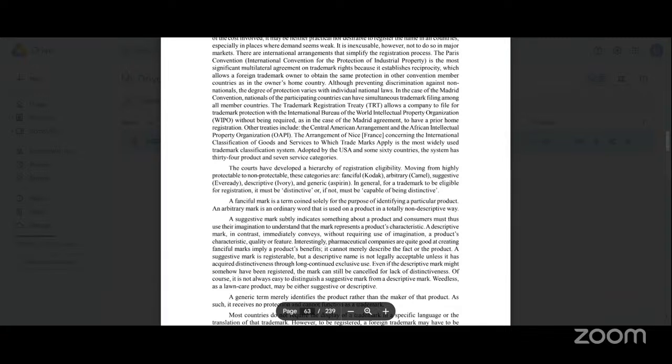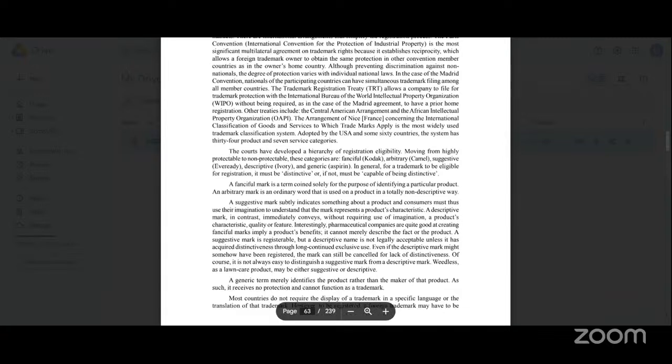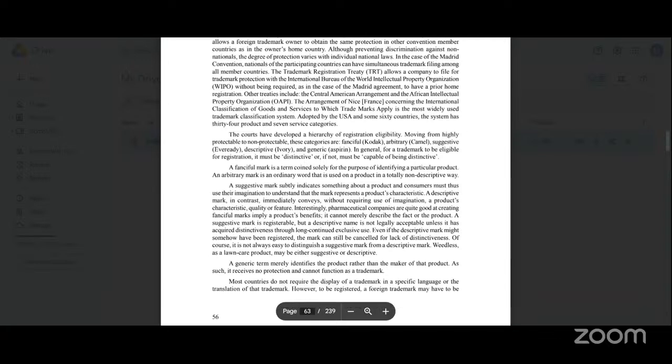That means it allows a foreign trademark owner to obtain the same protection in other convention member countries as well. So whether they trademark in their home country or in a member country, the company has similar or the same rights over its trademark. Although it prevents discrimination against non-nationals, the degree of protection may vary with individual national laws.